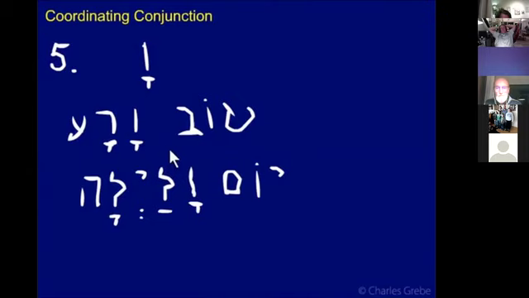Note the accent or the stress. Both conditions are met because it's the first syllable that is stressed. This happens when the vav precedes a tone syllable, so it has to be the first syllable, either monosyllabic or the stress has to be at the beginning, and the two words have to be some sort of pair. So, good and evil, day and night.